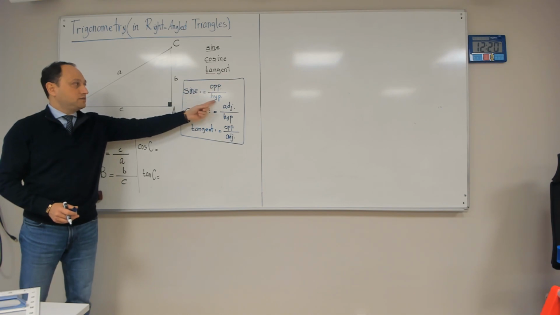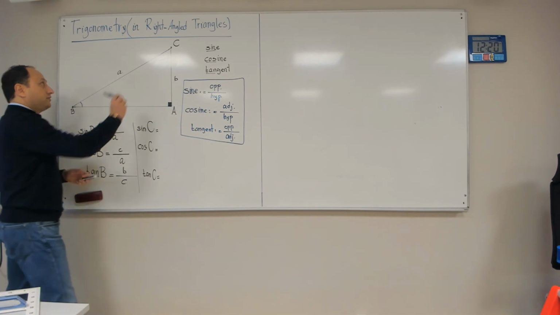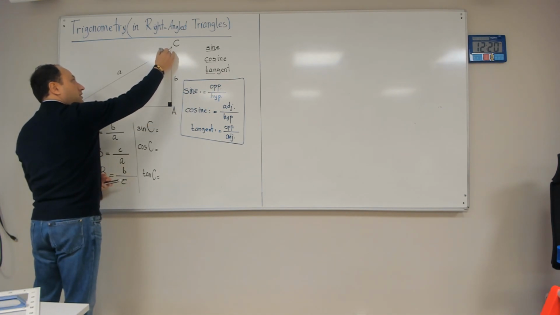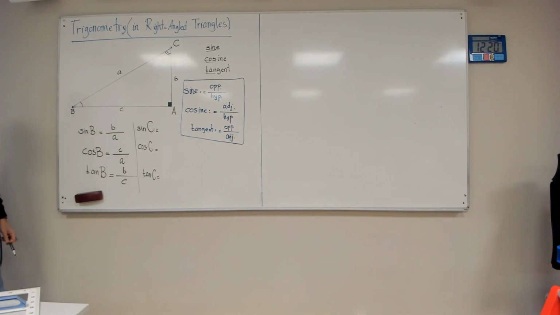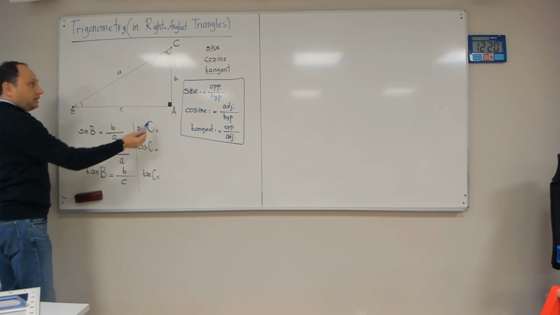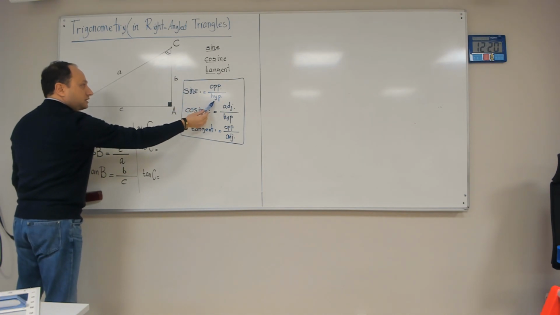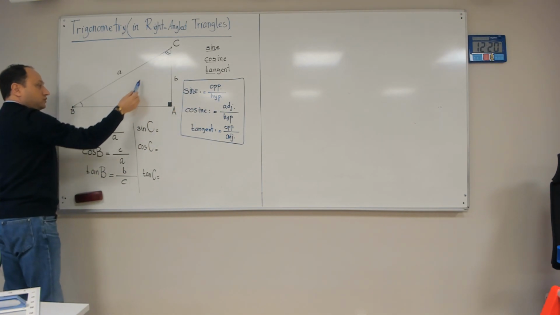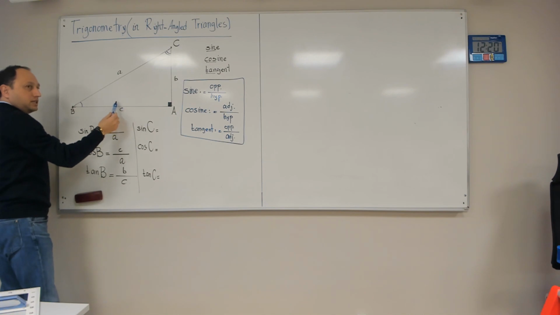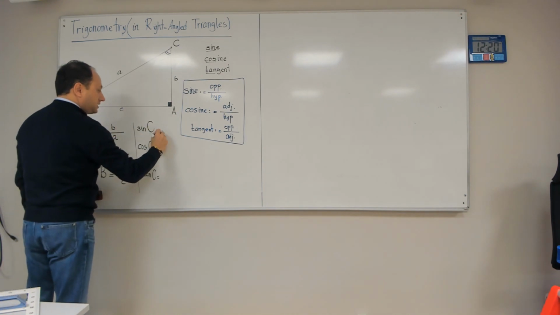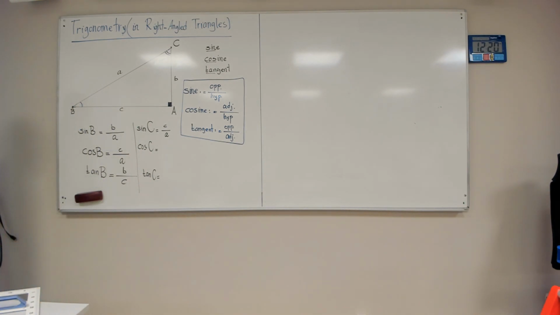It is opposite divided by the hypotenuse. If this is my acute angle, sine is the opposite one divided by the hypotenuse. Opposite to this angle C is the side C, divided by the hypotenuse, which is A.